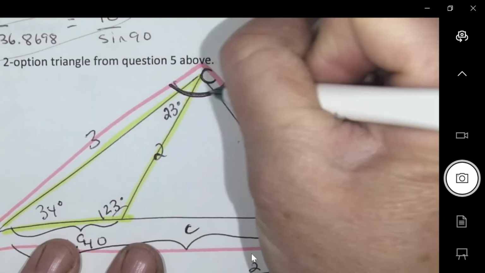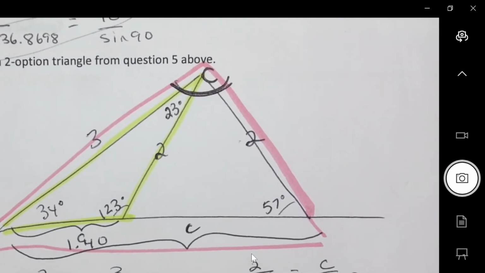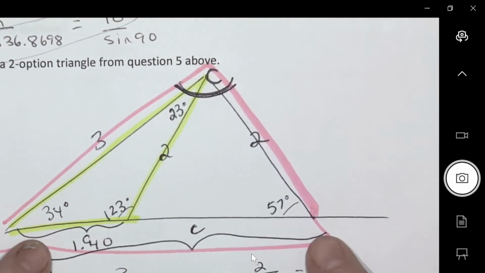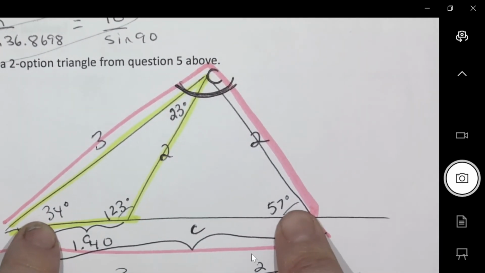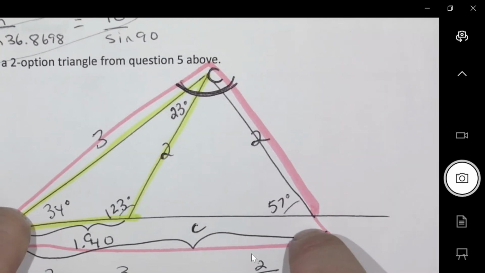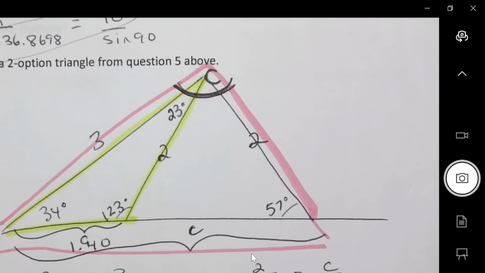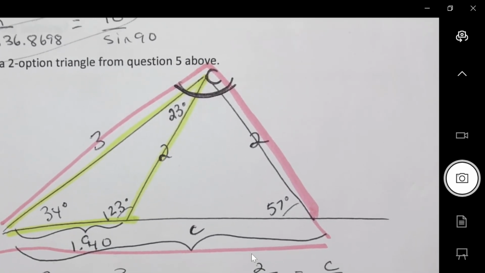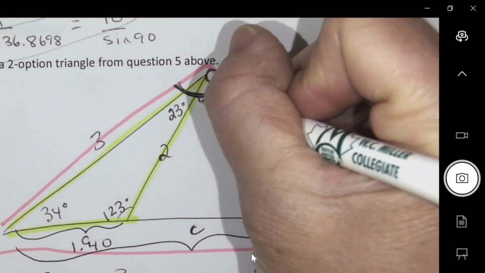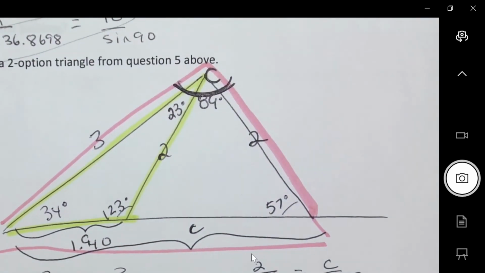Okay, I need this top angle, which means I'm looking at the other corners. The 34 and the 57 are the other corners. So I'm getting an 89 degrees at the top.